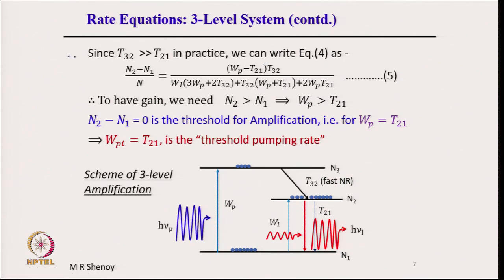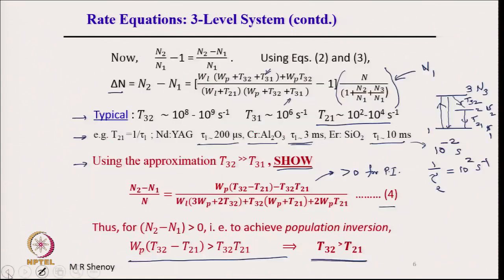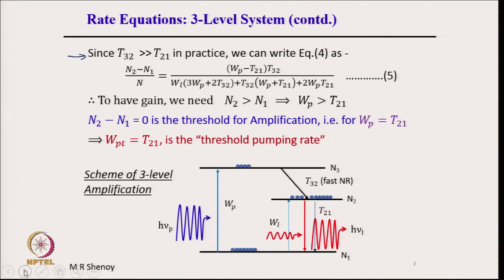Since T32 is much greater, the requirement is T32 should be greater than T21, but we know that T32 is much greater than T21. Again go back to see the practical numbers, T32 is of the order of 10 to the power of 8, 10 to the power of 9, and T21 is of the order of this in practical laser systems, and therefore, we have T32 much greater than T21.